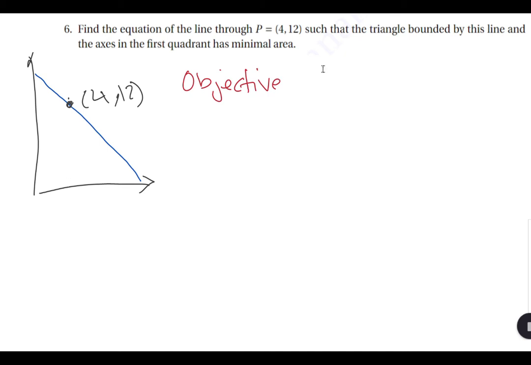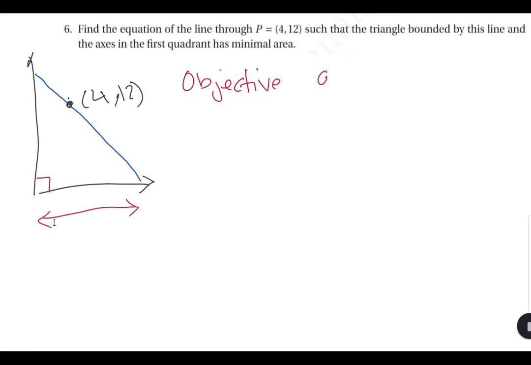What is the area of a triangle? It's the length of the base times the length of the height divided by 2. In the case of a right triangle, it would be just this side times the other side divided by 2. And so I have to name these variables.